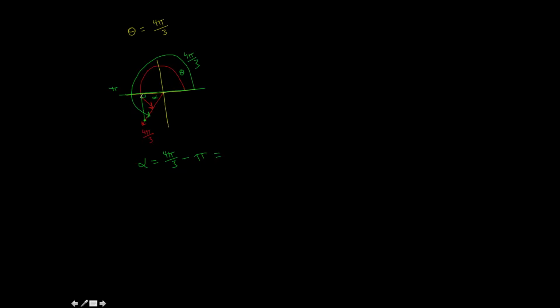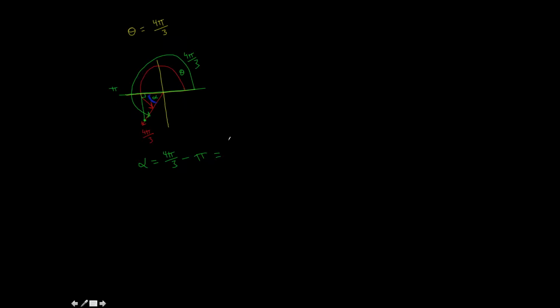In order to find this shorter distance, we're just concerned about this angle right here. So we need to subtract the known distance of pi from 4 pi over 3 to get that angle.